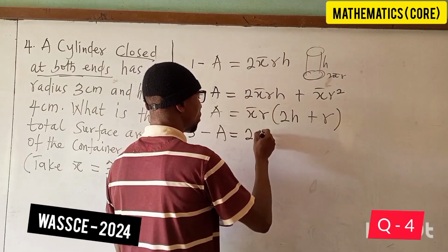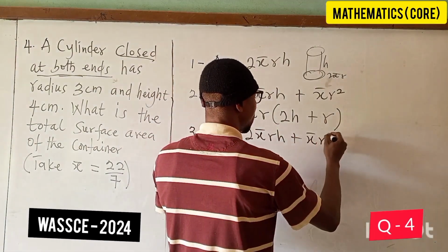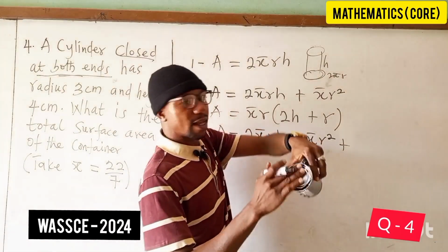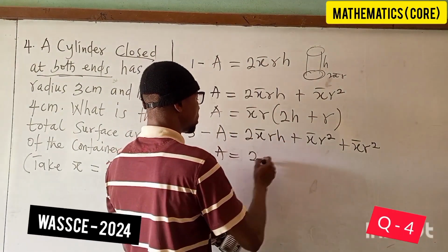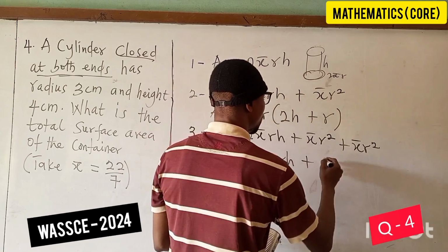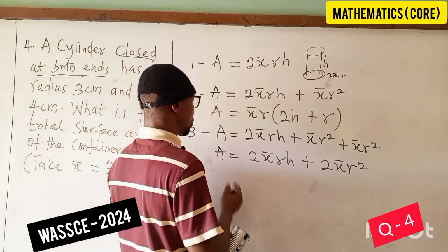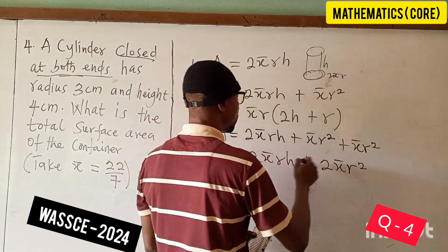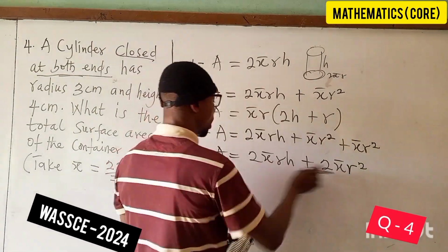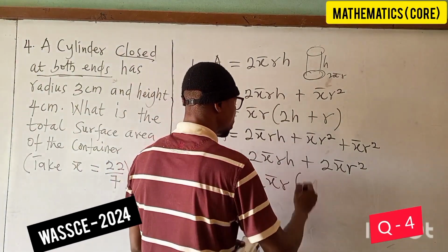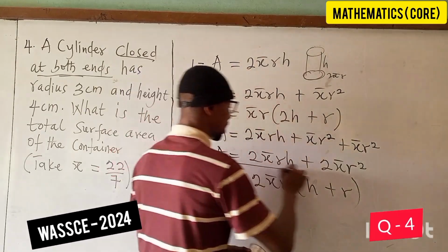We'll have the curved surface area, 2 pi rh, plus pi r squared, plus pi r squared also. So pi r squared plus pi r squared gives 2 pi r squared. So A is equal to 2 pi rh plus 2 pi r squared. By factorizing, we'll have 2 pi r out, then h plus r. We are going to base on this formula for our calculation.